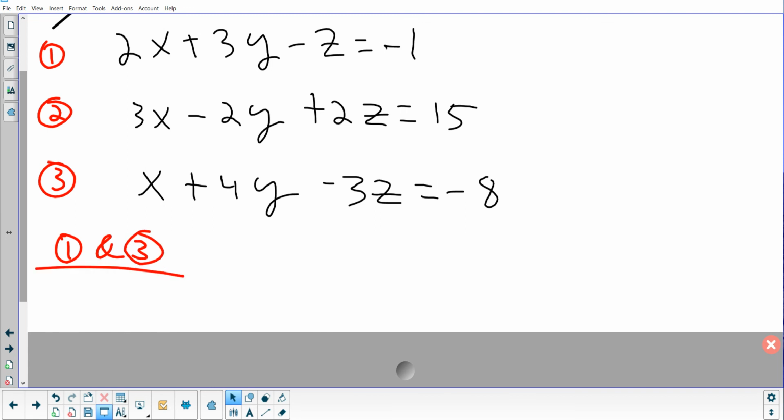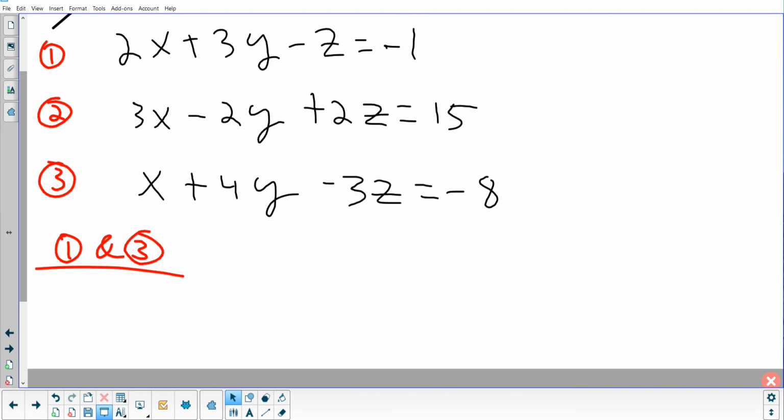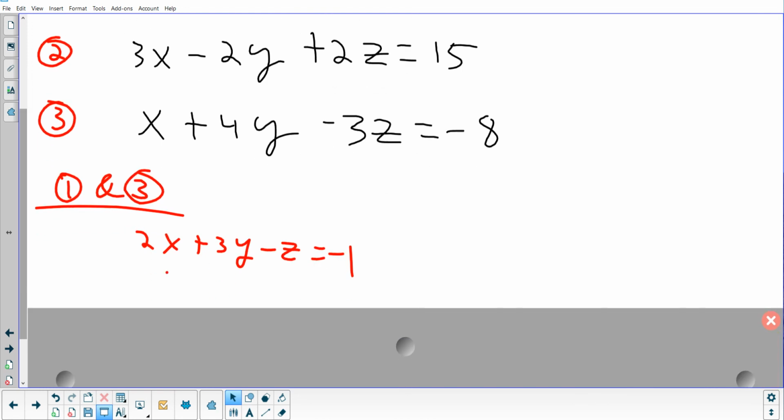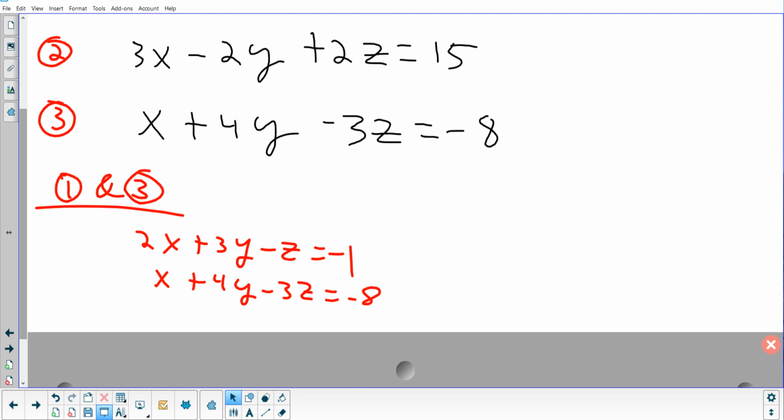I'm going to copy these down so I don't have to keep scrolling up. 2x plus 3y minus z equals -1. And x plus 4y minus 3z equals -8. Now, what letter did we just say we were going to try to eliminate?